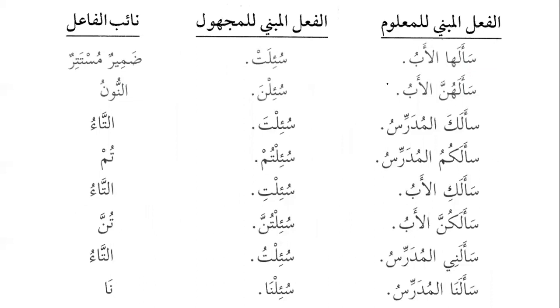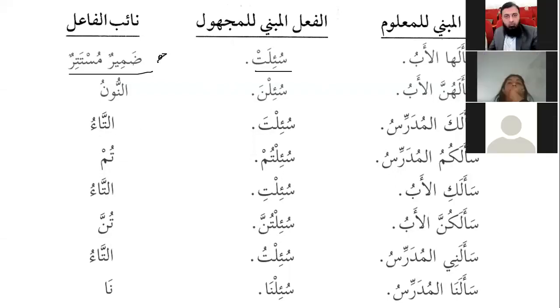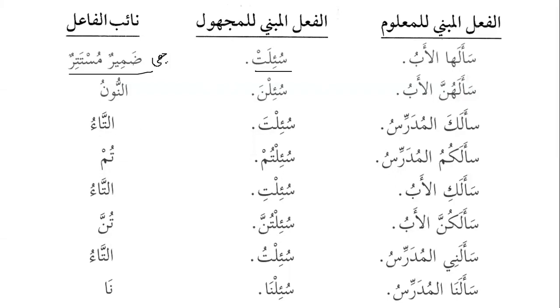Then we have sa'alaha al-abu, the father asked her, and for the feminine it will be su'ilat, she was asked. So in su'ilat also it is damirun mustatirun, the hidden pronoun. What will be the hidden pronoun? Here. Excellent, very good.